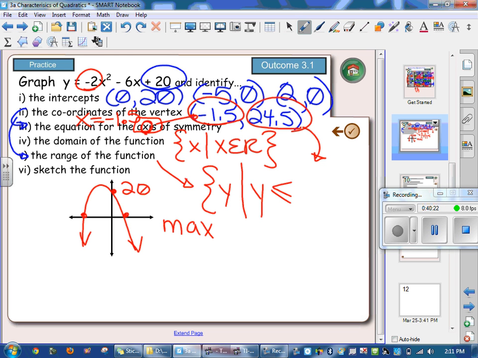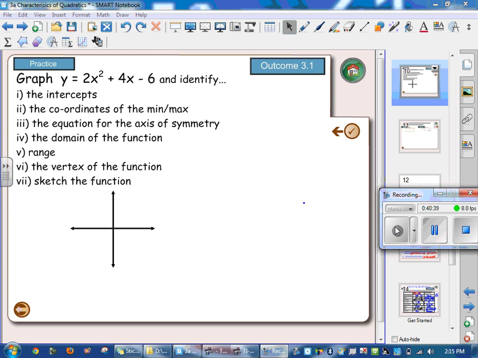Take a look, check your work, and make sure you got it right. Okay, you got a couple times to look at this question as well. So here we go. Your intercepts. Starting with the y from the equation, we get 0, -6. The x-intercepts are going to be -3 and 0, and 1 and 0. Coordinates of my min or my max.